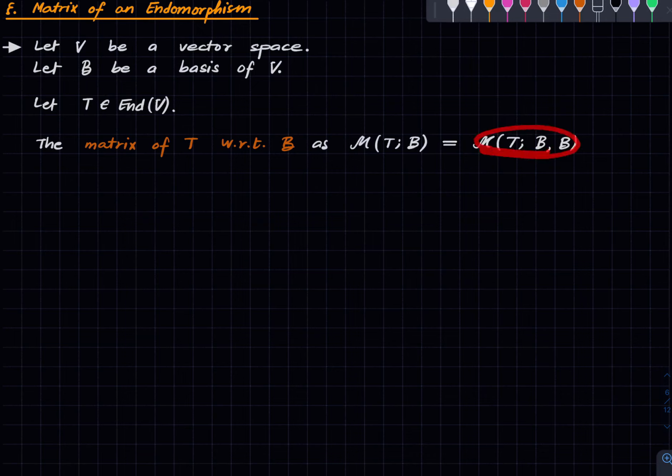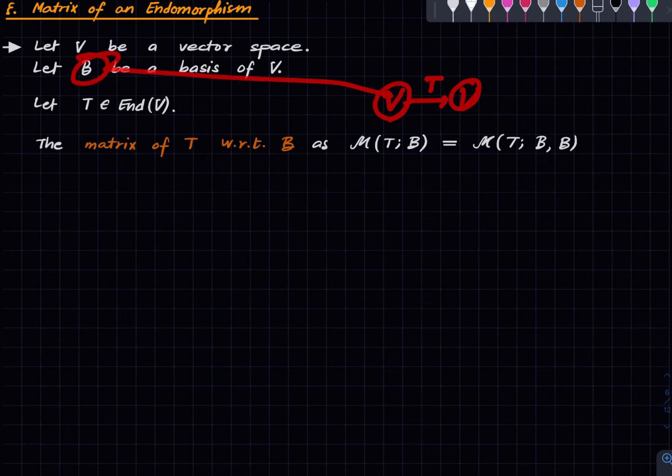So this was defined in the previous slide. We have a linear map from V to V. So here and there we use the same basis, the one chosen, and therefore this is meaningful, and this is what we are defining. So once you have an endomorphism, you need not choose two different bases to define a linear map. You can choose two different bases.